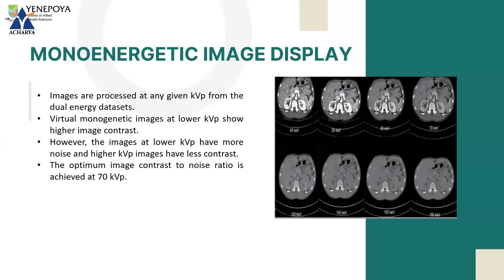This will also help in reducing the contrast media, because if there is already improved contrast in the images, you don't have to give a lot of contrast media to see the structures in a better way. You can reduce the amount of contrast media when you are using these kinds of image displays. I mean, you can process it both ways. Because you are using spectral imaging, you can reduce the amount of contrast media which is being given.